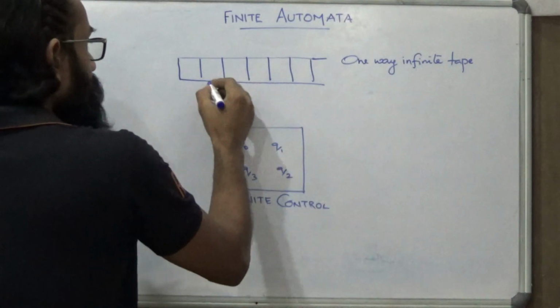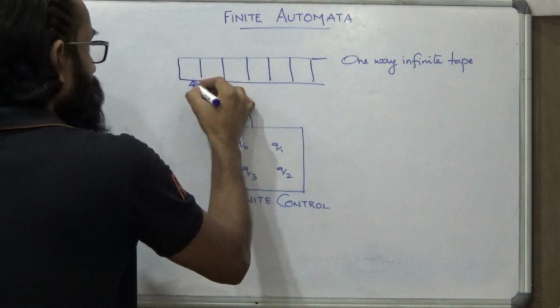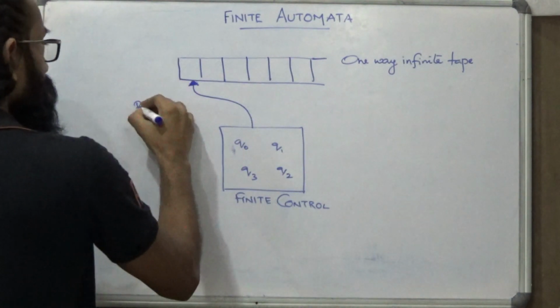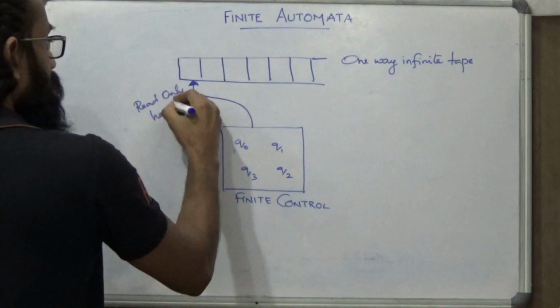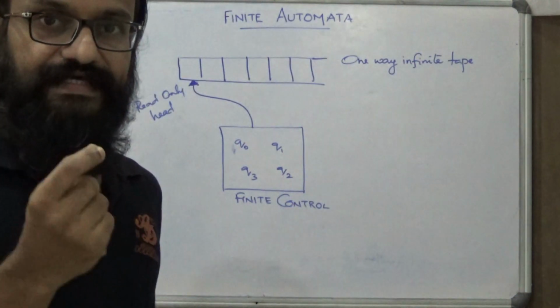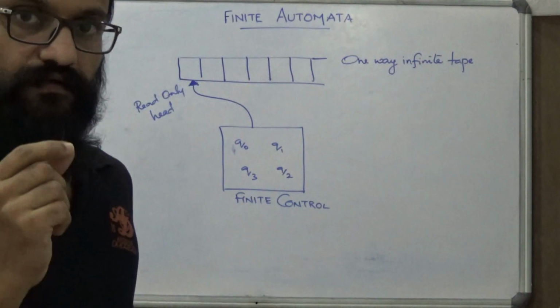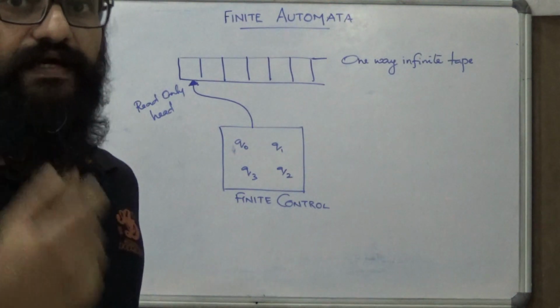Now the third component is a read-only head. A read-only head which is capable of reading one symbol from the tape at a time.